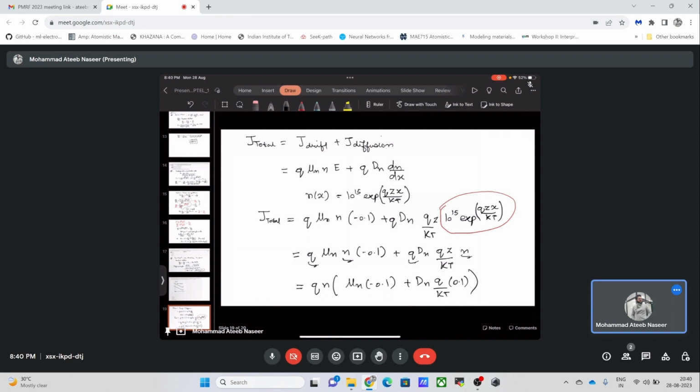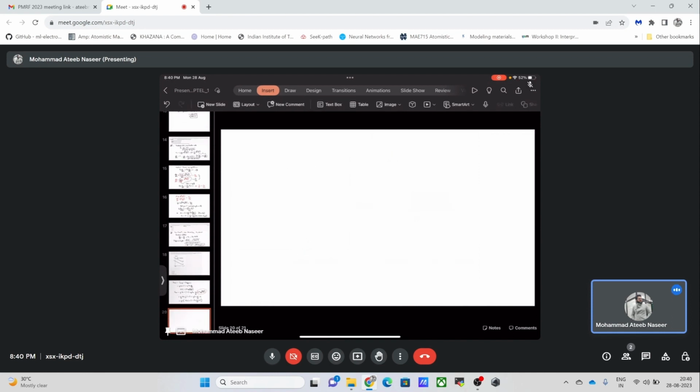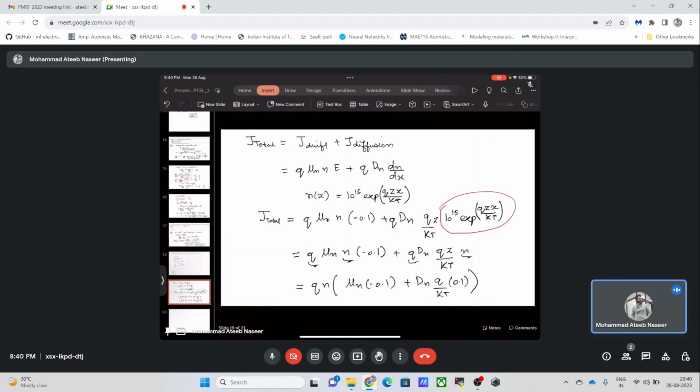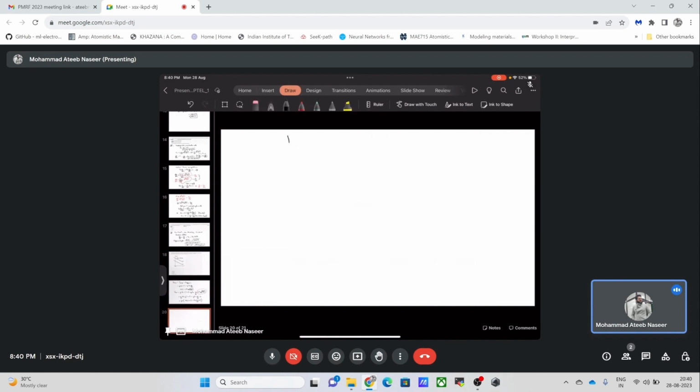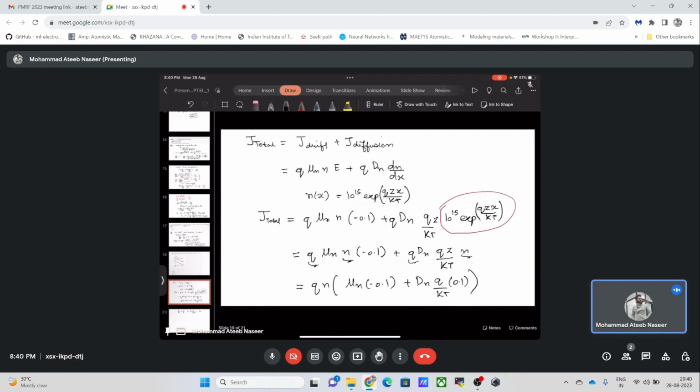And now let me use Einstein's relation. Dn by mu n is kT by q, so Dn times q by kT is equal to mu n. So this thing over here is equal to mu n.